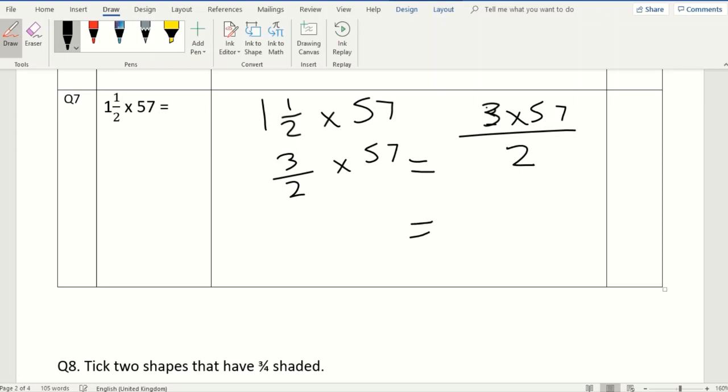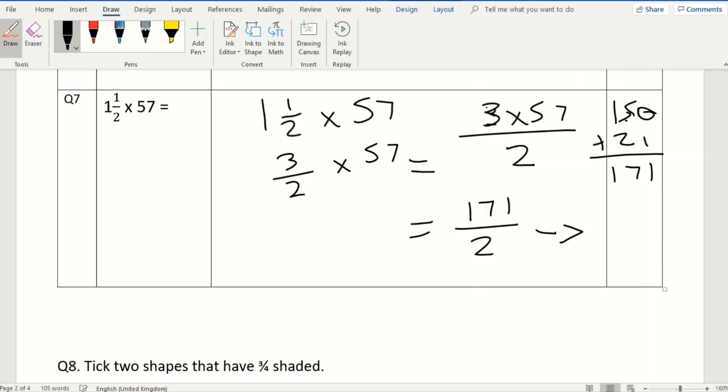If we were going to do that in our heads, 3 times by 50 is 150, 3 times by 7 is 21, so 150 plus 21 is 171, so that's 171/2.